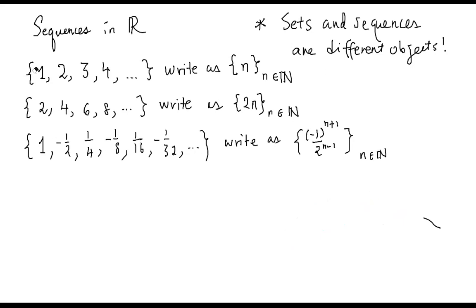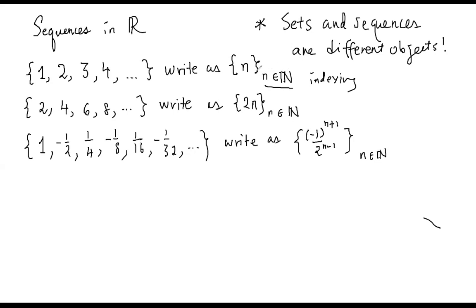The simplest one is the sequence of natural numbers: 1, 2, 3, 4, 5, and so on. You can write it as follows. You have a curly bracket, then you have n. This n is the indexing. It's something like a function. Your n is an element in the set of natural numbers, which is 1, 2, 3, 4, 5.